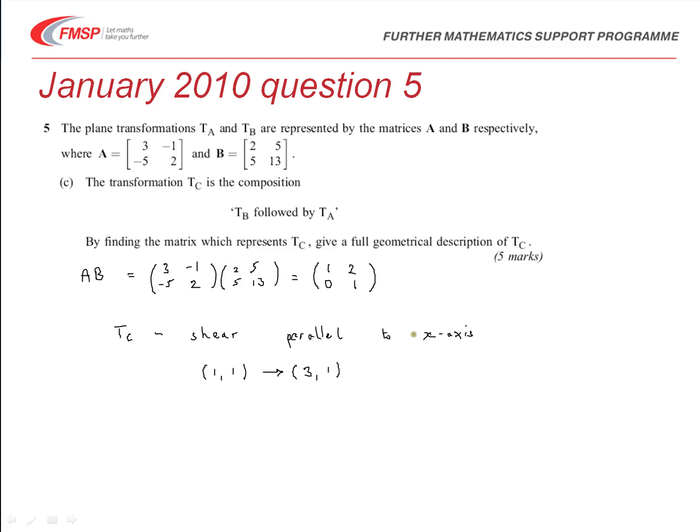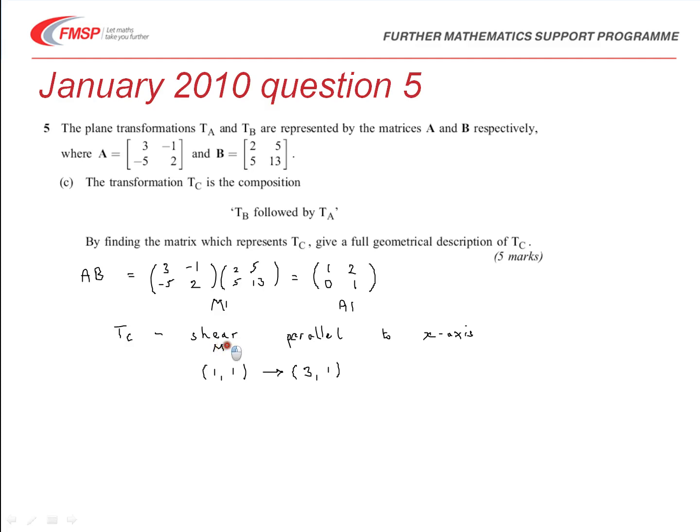So again, this part we get 5 marks. So we need to be attempting the correct calculation to start off with to get 1 mark, and get an answer mark for the correct matrix. Identifying that it's a shear will give you a mark.